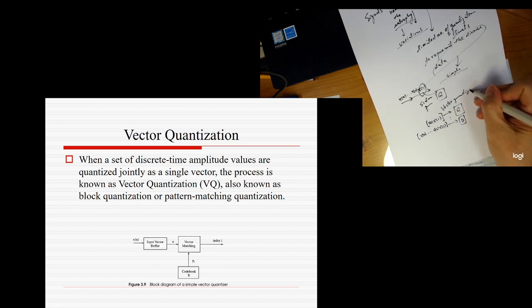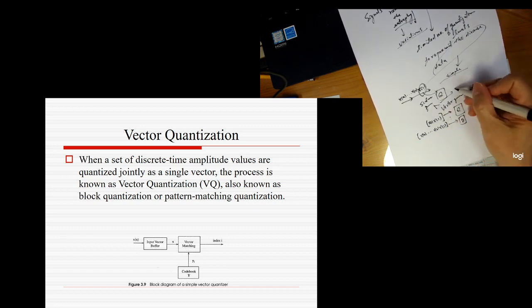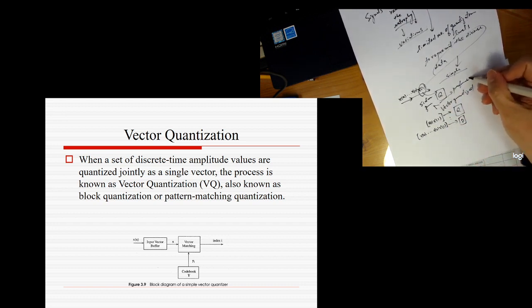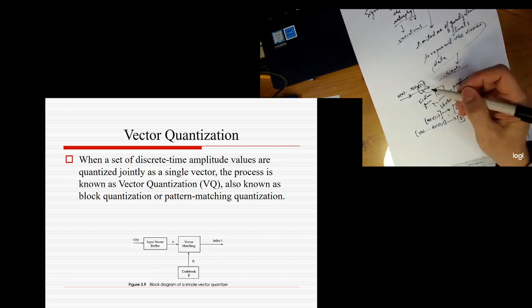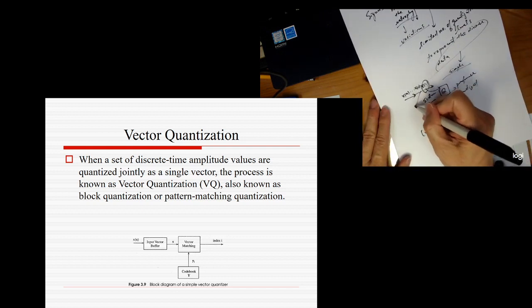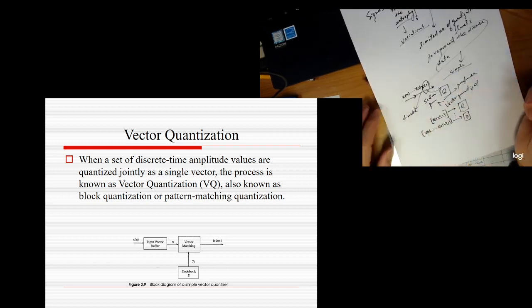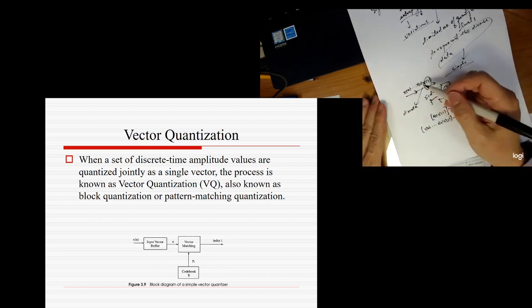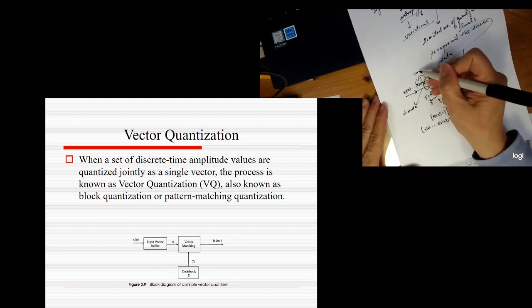Why does vector quantization perform better than scalar quantization? Because in scalar quantization we quantize the data discretely, partitioning them independently, even though they have some correlation.